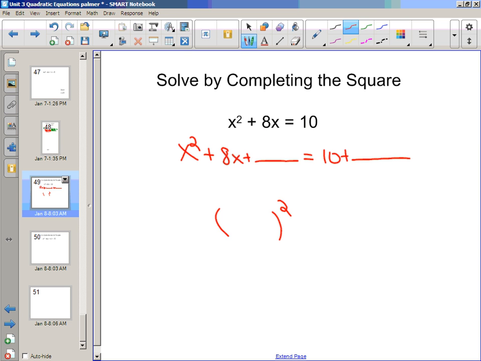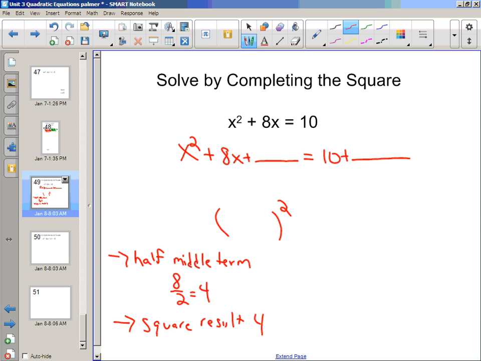The idea, again, is take half of the middle term. So in this case, it's 8 over 2, which is 4, and then square the result.